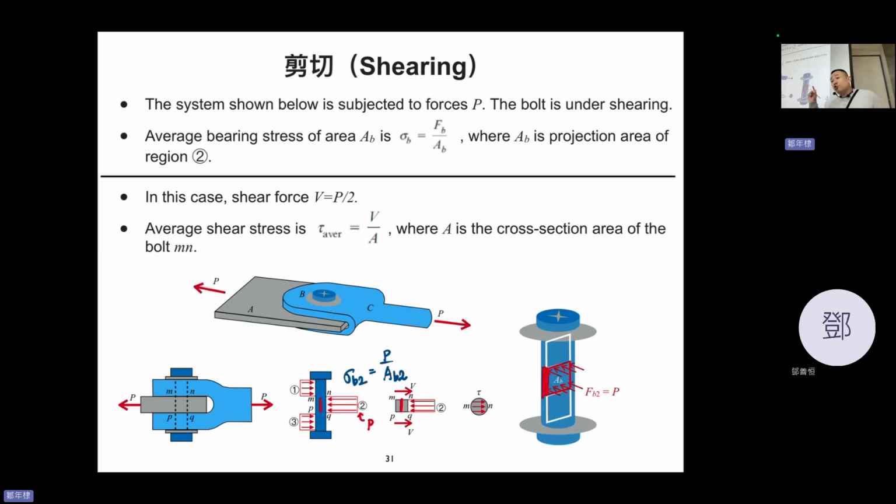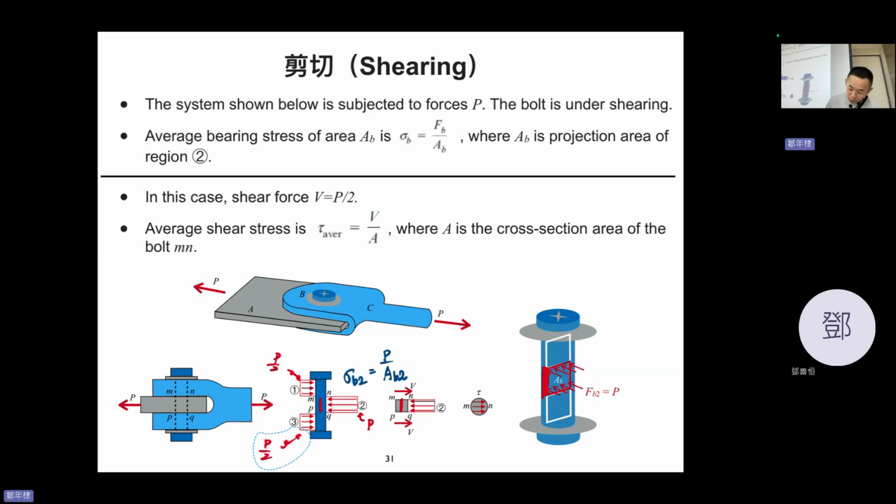So for region 1 and 3, again, you see that region 1 and 3, due to the blue parts P, it should be half P. All right.